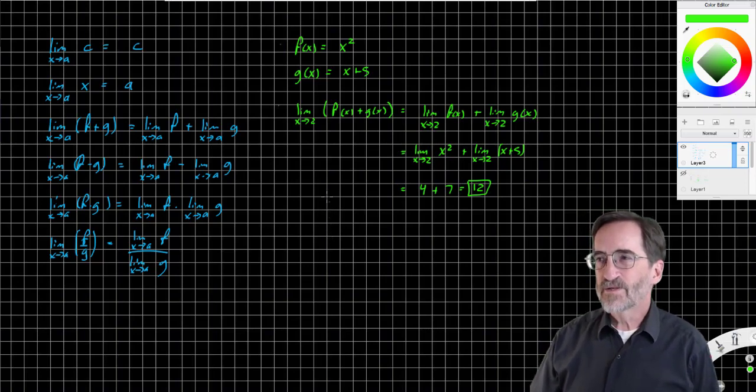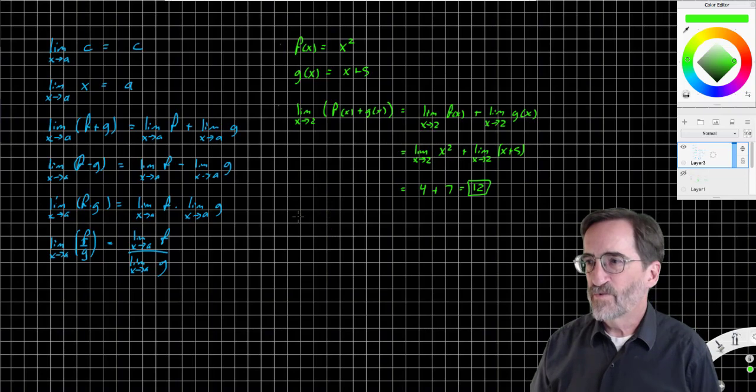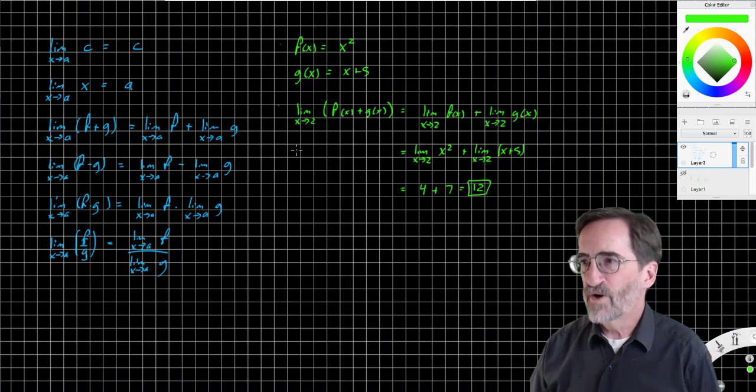Note that this could be done this way as well. We could directly substitute in the original problem, the limit as x approaches 2 of f of x plus g of x.